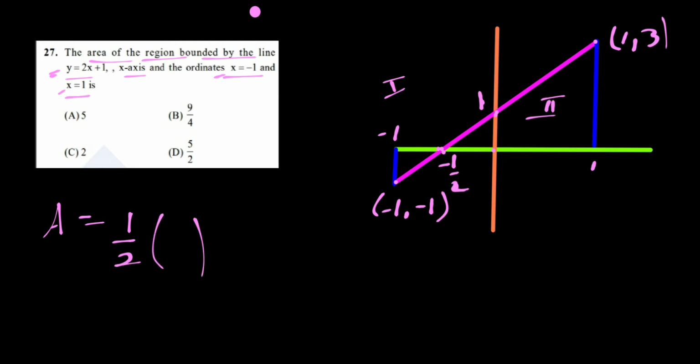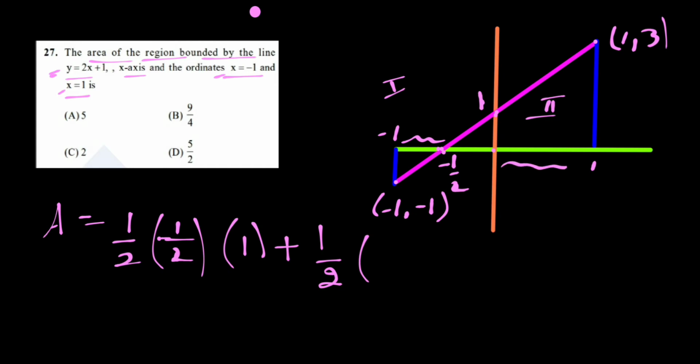Base is nothing but here minus 1 to minus 1 by 2, that is nothing but 1 by 2. The negative is only for indication of right side or left side, no need to take the negative. Base into height. Height is 1.